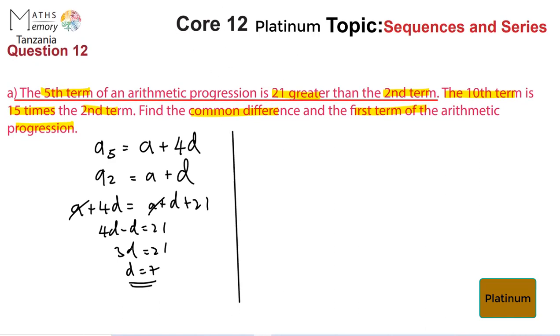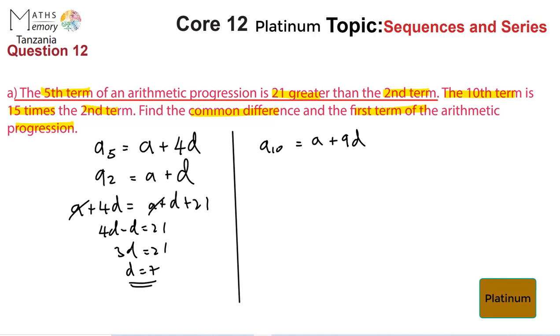So the 10th term. Same thing we did for the last statement. A10 equals A plus (n minus 1)d. N is 10, 10 taken away 1 is 9. A plus 9d is defined as this. Now this is 15 times the second term. Your second term, remember, is A plus d.